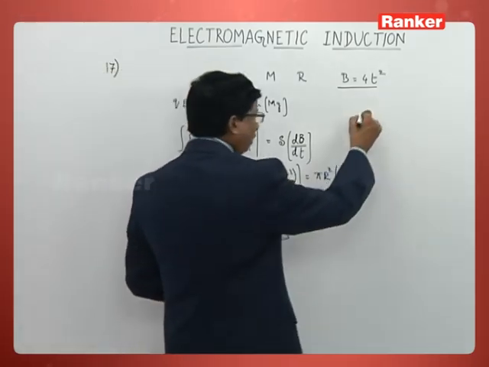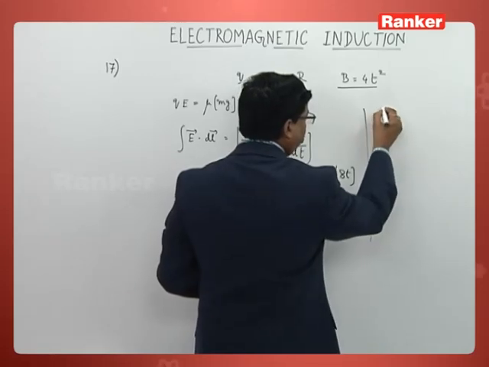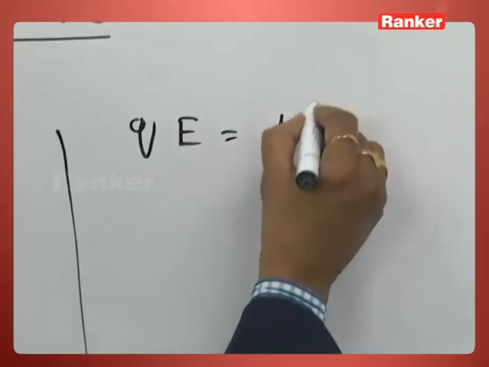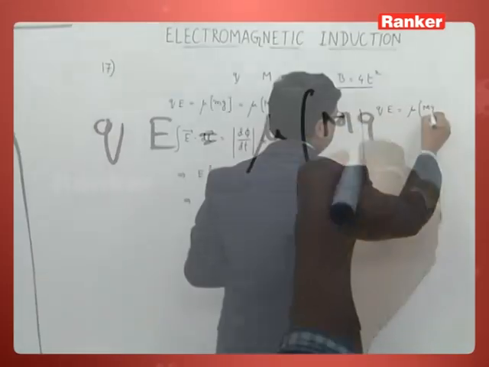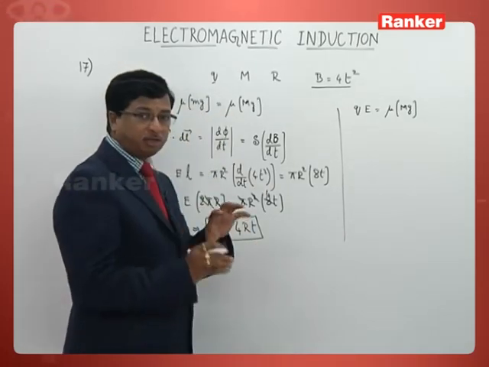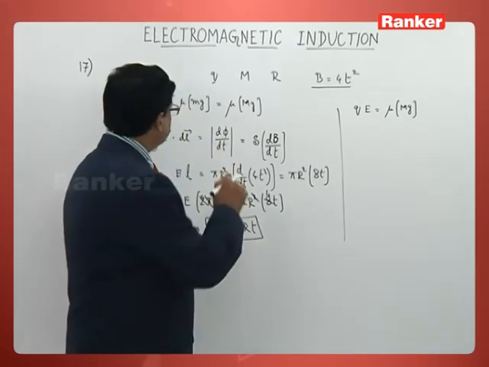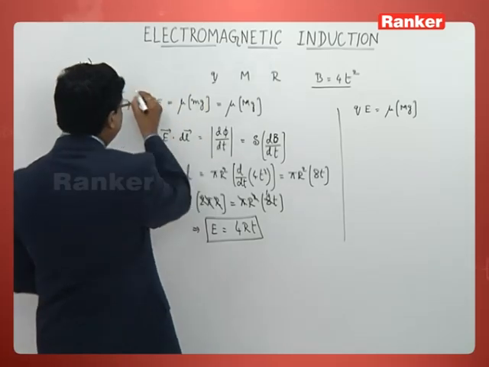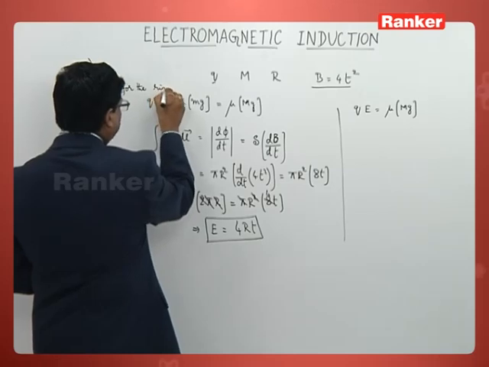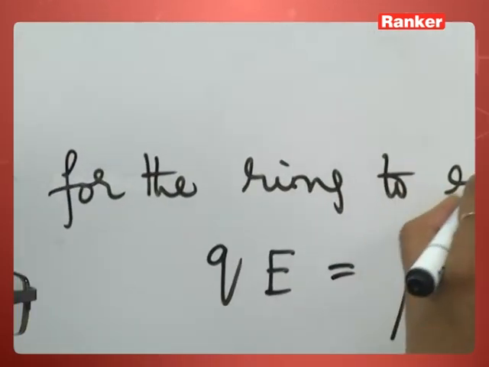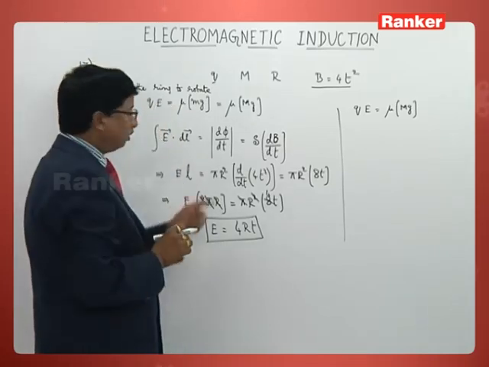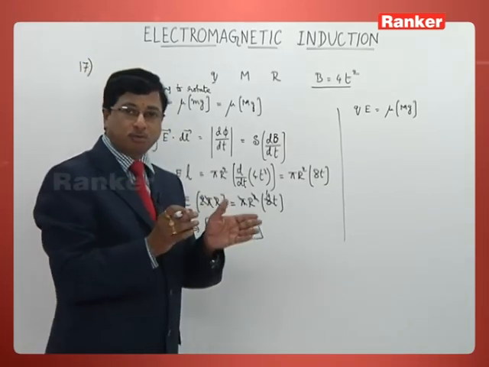So what we want in this case, we know certainly Q times E must now be equal to mu times mg. That is actually the condition for the ring to rotate. So what exactly is the concept you should understand? For the ring to rotate, the condition is that the force due to the electric field and the force of friction are supposed to be equal.